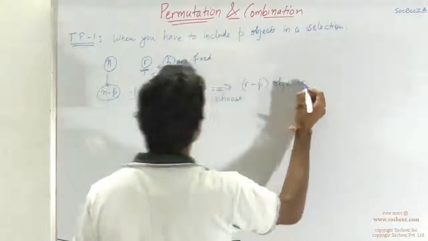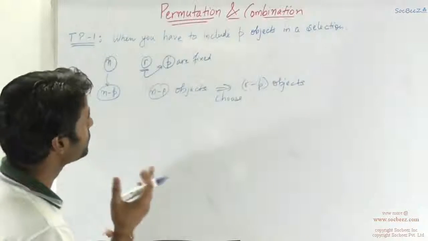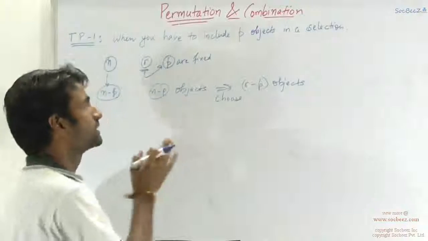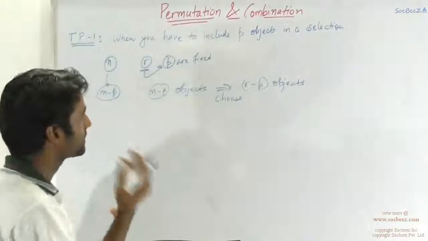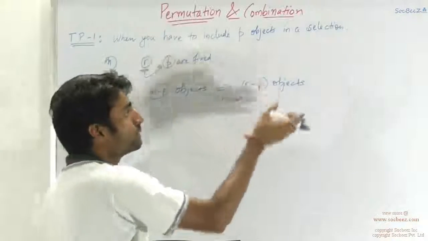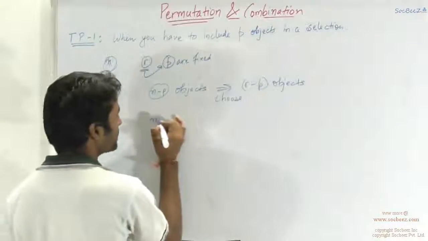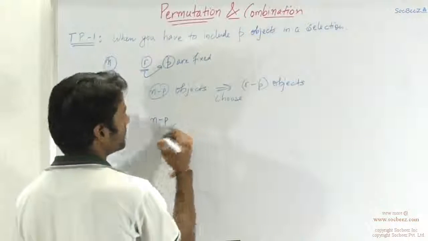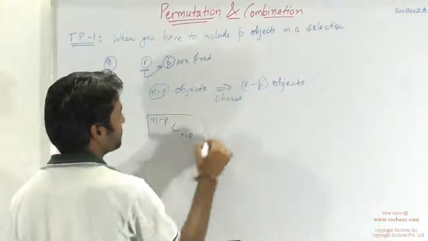Initially you had n objects and you had to choose r objects such that p objects must be there. So the scenario gets converted into this. You have n minus p objects and you have to choose r minus p objects. So as you can figure out, this is simply n minus p C r minus p.